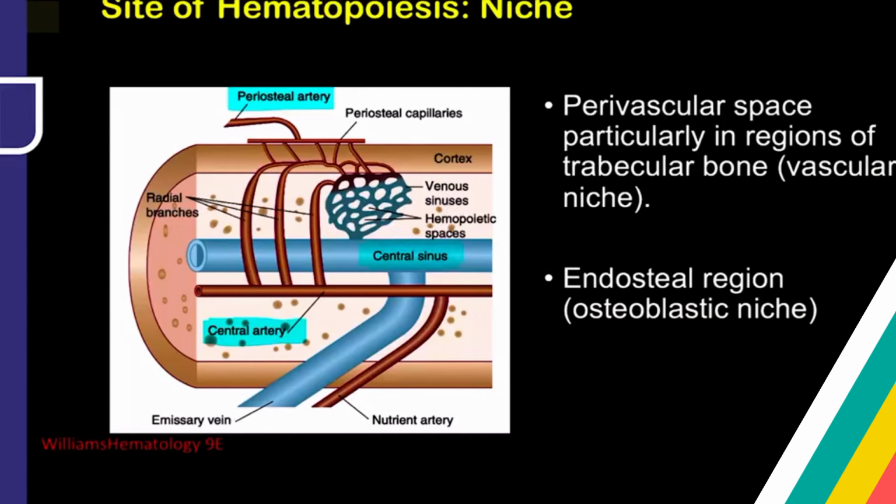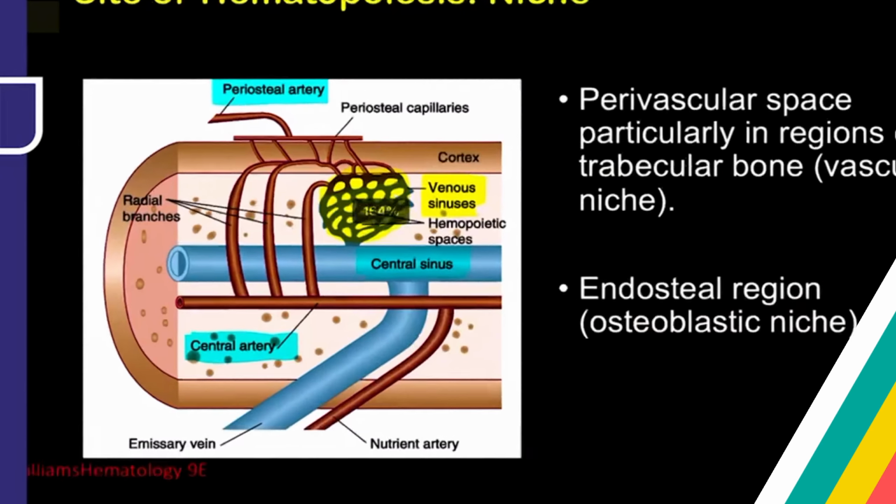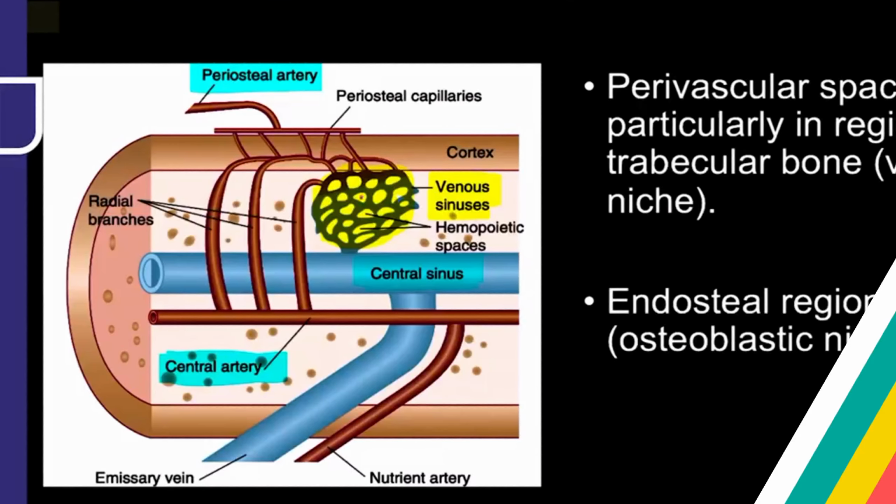Now there is a venous sinus. Okay, there is a venous sinus here. In between this sinus region, the hematopoietic stem cells are located. So the stem cells are located not inside the vessels, but outside the vessel, close to these venous sinuses.